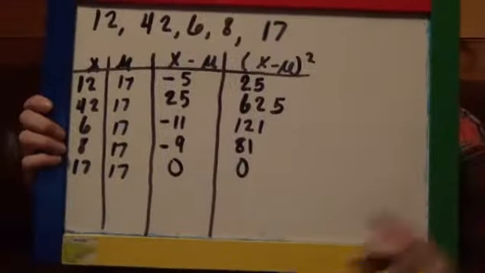Negative 9 squared is 81. And of course, 0 squared is 0. Okay, so then what we're going to do is take the numbers in our final column and total them up. So we have 25 plus 625 plus 121 plus 81. And that gives us 852.